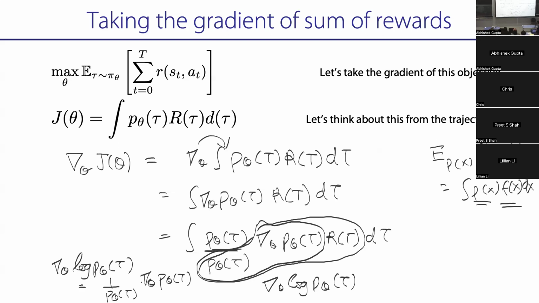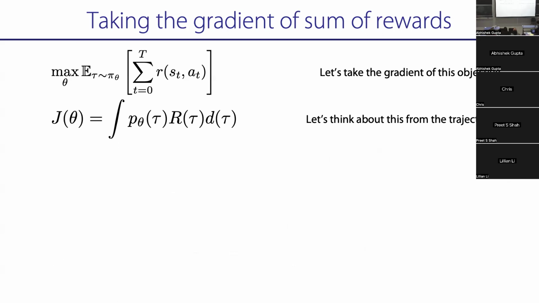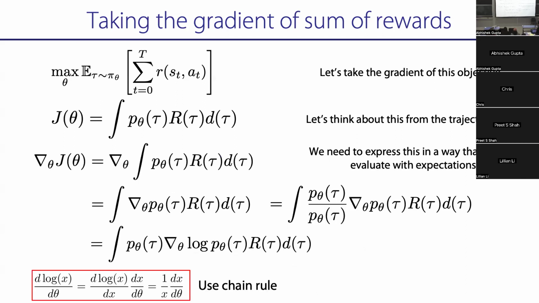My point here is that what we've done is we've moved the gradient inside, and we multiplied and divided by p. Then by the chain rule of probability, you can rewrite the term grad theta p theta tau divided by p theta tau as grad theta log p theta tau.